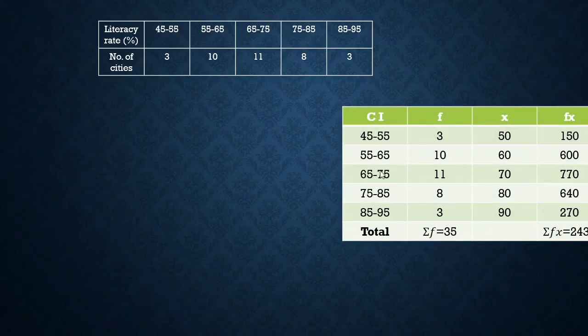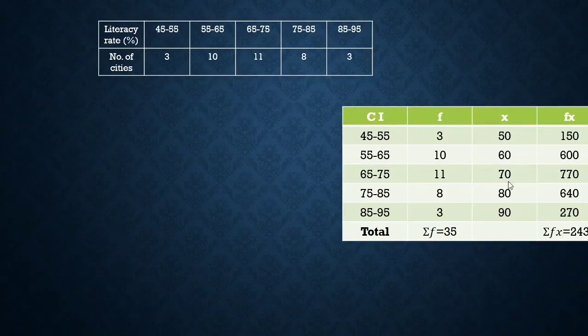So here we have our frequency table. So class intervals 45 to 55, 55 to 65, these are the percentage literacy rates, and f gives the frequencies or number of cities. So 3 plus 10, 13, 13 plus 11, 24, 24 plus 8, 32, plus 3, 35. So summation of f is 35.